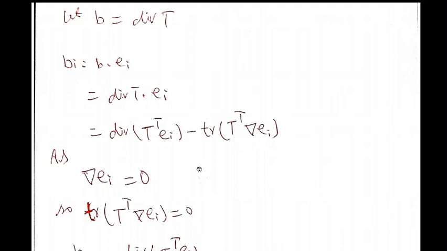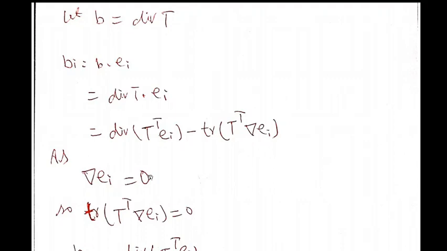If i is 1, then E1 is a vector whose components are 1, 0, 0. The first component of the gradient of E1 will be the partial of E1 with respect to x1. The first component of E1 is 1, a constant. All the components are constants, so the derivative will be 0, and we will have a zero matrix.